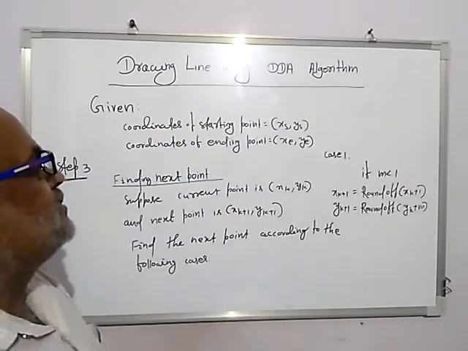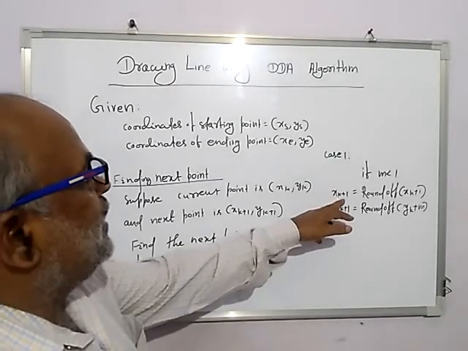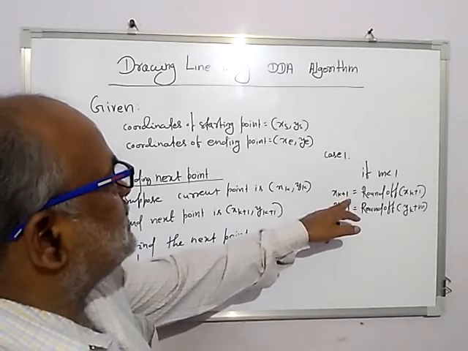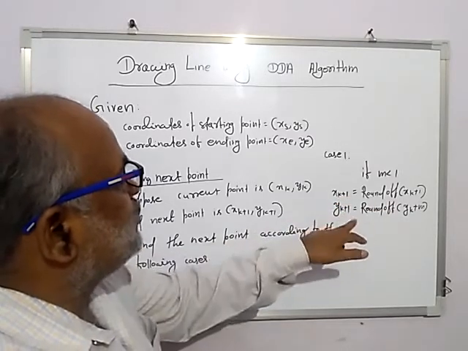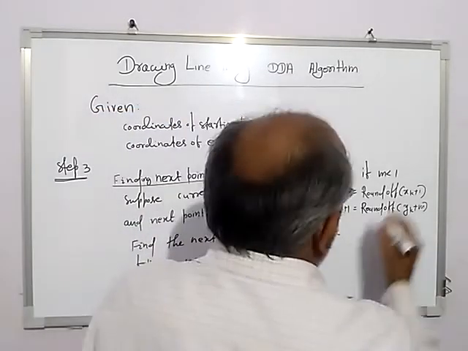If case 1 is satisfied, that means if the slope is less than 1, the next point xk plus 1 means round of xk plus 1, and yk plus 1 means round of yk plus m.